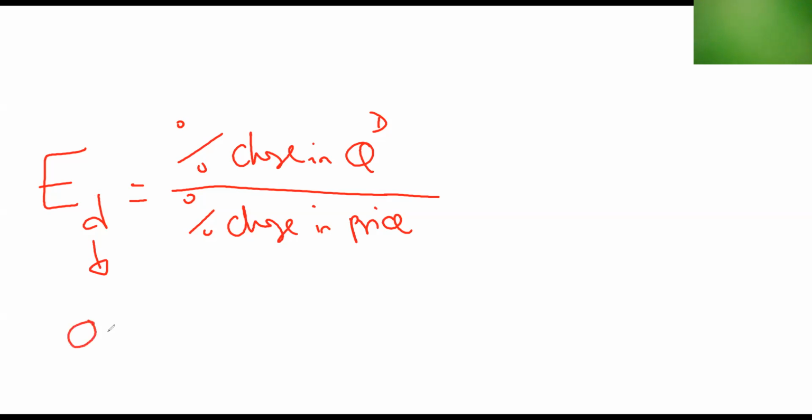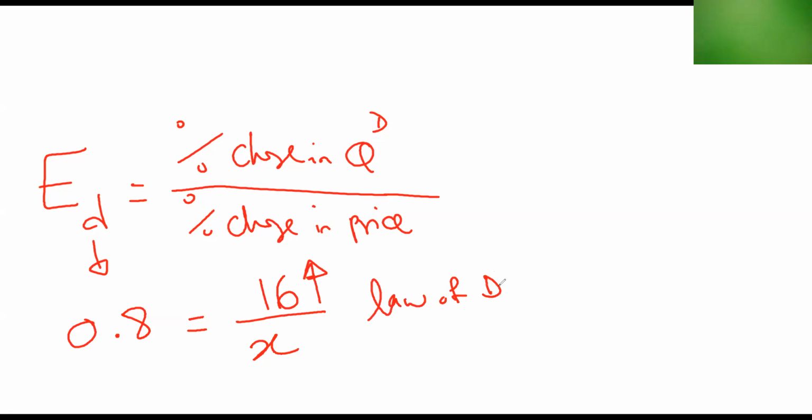But this question is different. For this question, you have the elasticity. Your demand for lemonade is inelastic. It's less than 1, it's 0.8. You are looking for the change in price, and the question already gave you the change in quantity. If you read the question carefully, the question is telling you that the quantity went up. So there is an increase in the sales. We remember from the law of demand that there is an inverse relationship between price and quantity demanded.